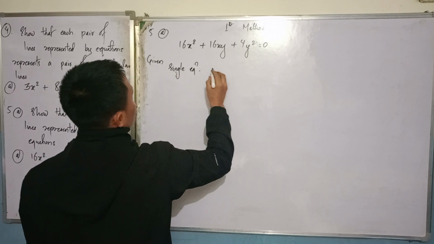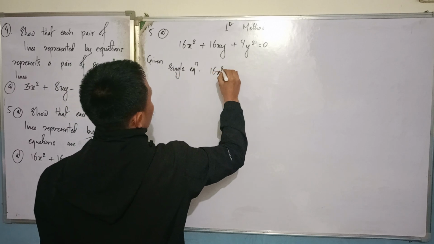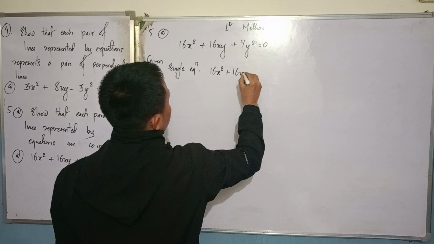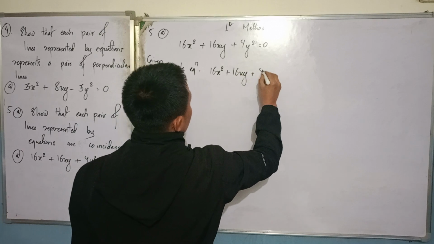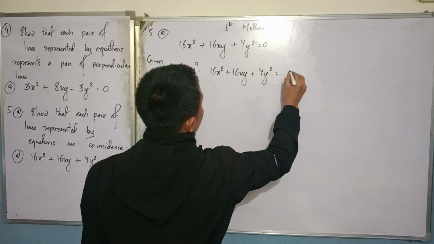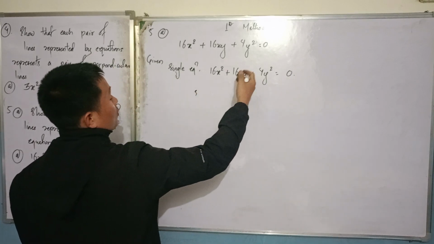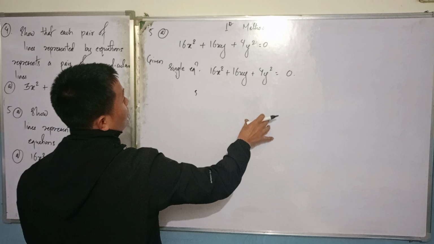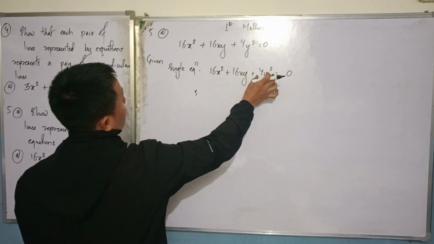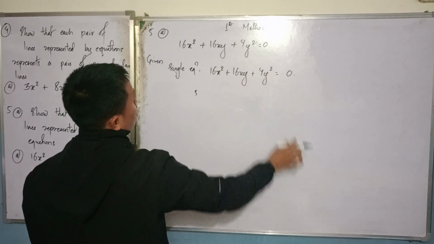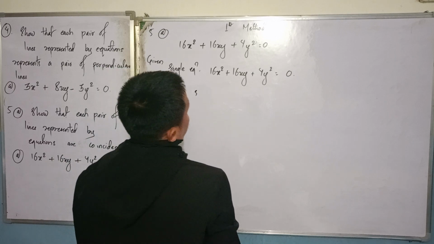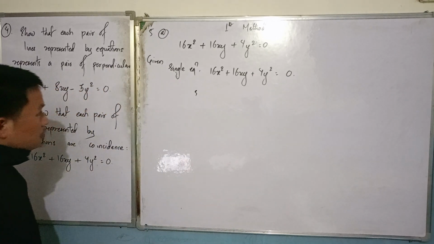The given single equation is 16x squared plus 16xy plus 4y squared is equal to 0. Try to factorize this. Now 16 times 4, it will be 64.